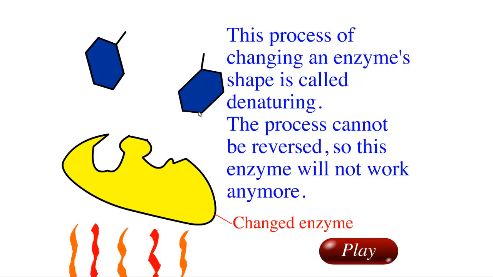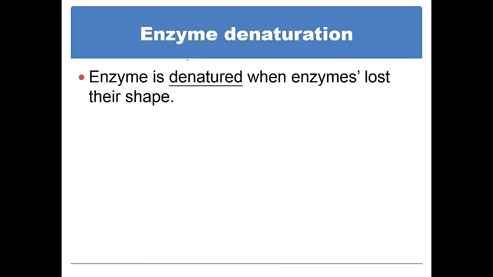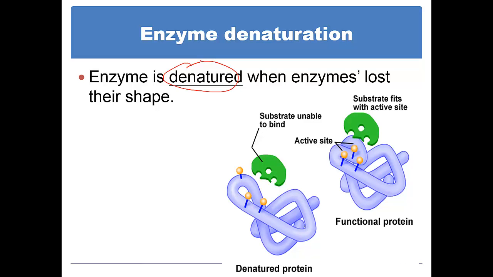So do you think the blue substrate can still fit into the enzyme? Of course it won't fit anymore. So basically this is the definition of denature, which is the shape is lost when too much heat is applied. Or you may look at this picture to show the same idea, with the active site changing shape so that it can no longer fit with the substrate.